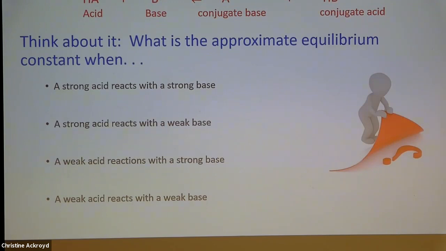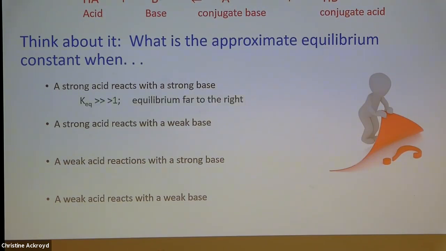If a strong acid is reacting with any base, are most bases stronger than water? Actually, yeah, water's not a very good base. Good enough that it can react with acids, but not great. Okay, if you start with a strong acid, equilibrium is going to lie all the way to the right.